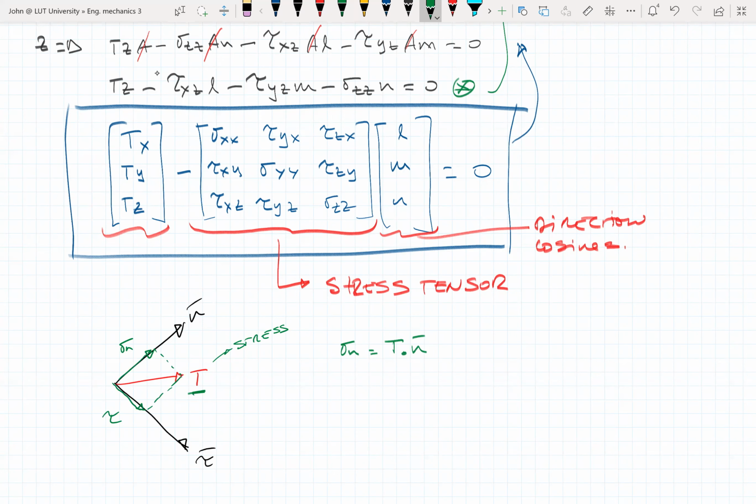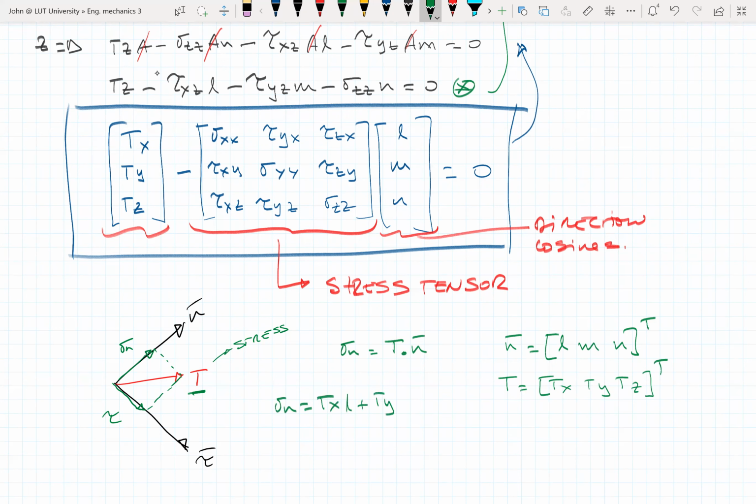Then I know that, having that n is equal to a vector represented by L, M, and N transpose, and T being a vector represented by Tx, Ty, and Tz, that sigma, or the normal stress, is going to be equal to this.